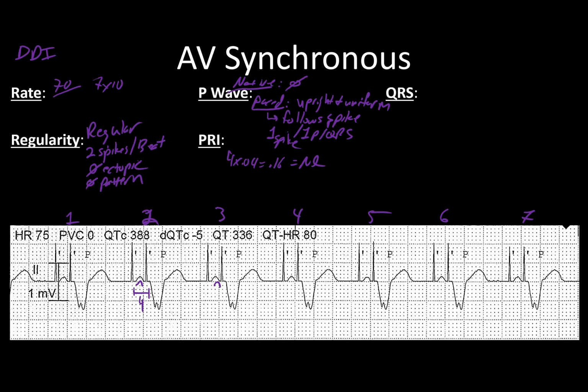So we'll talk about the QRS. Your native beat is non-existent. Your paced beat is uniform. It follows the spike every time. So we have a 1-to-1 there. They are wide and tall.